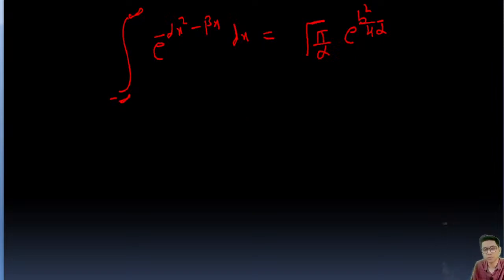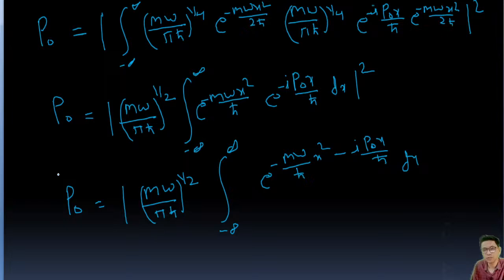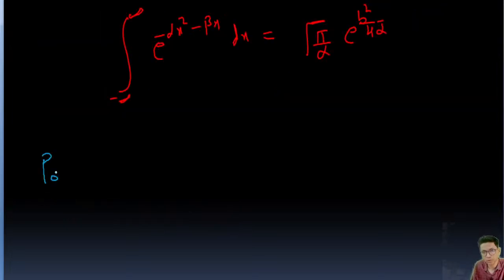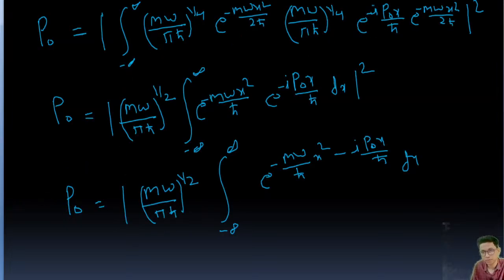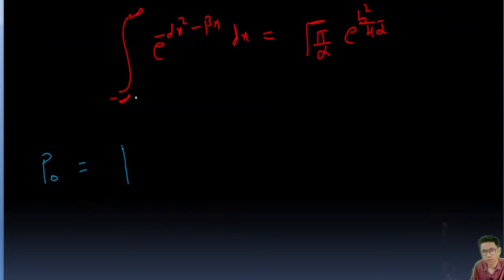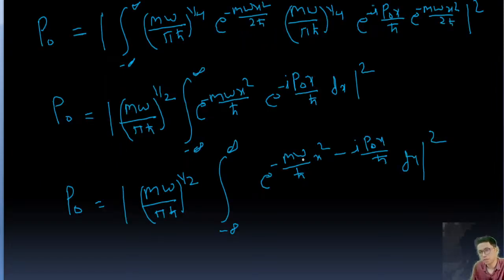Now I will put the value here. Use this formula: p naught value is going to be mod square of (m omega upon pi h cut) to the power 1 by 2. This is alpha, this is beta.